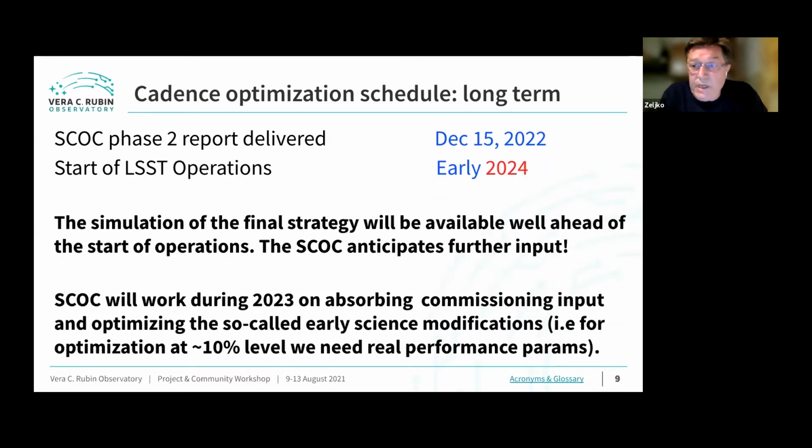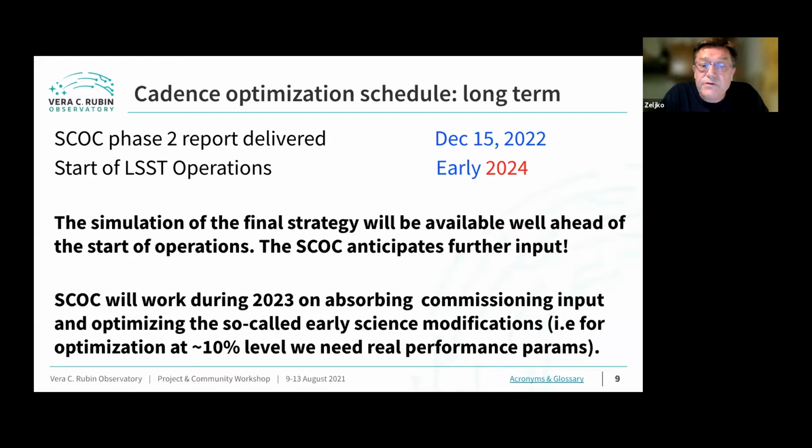Now, between delivering this report late in 22 and our best current estimate for the start of operations, early 24, so we believe operations will not start before January 24, and we are hopeful that they will start no later than June 24. Our best estimate now is April 1, as you could have heard yesterday.